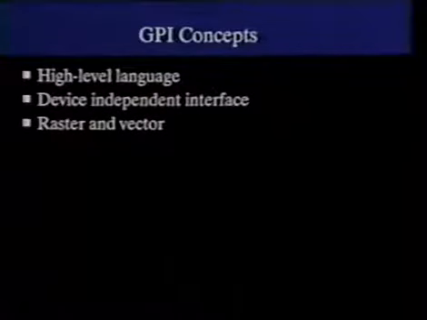In review, then, through this part of the talk, what we've looked at is the fact that the GPI embodies both a high-level graphical language, allowing applications to offload some of the work of building a picture in a fashion which is conformant with optimal drawing on screen, and the device-independent interface, which is another aspect of the GPI's API for applications.